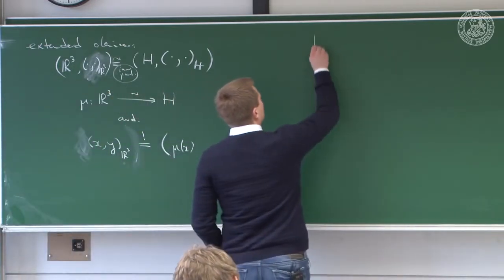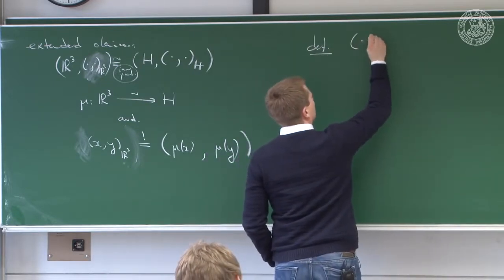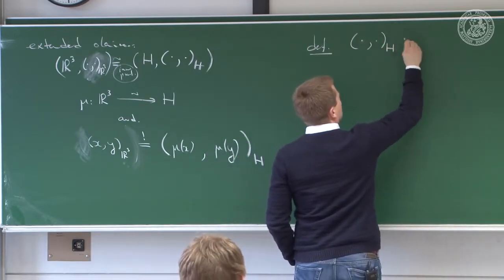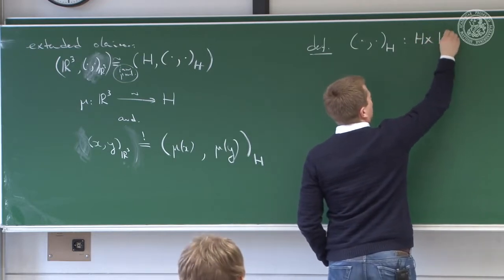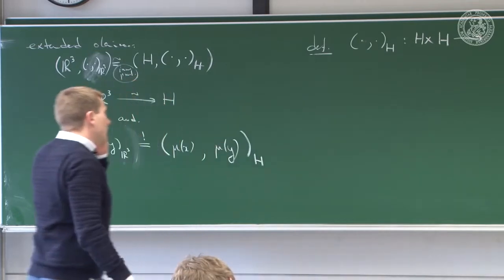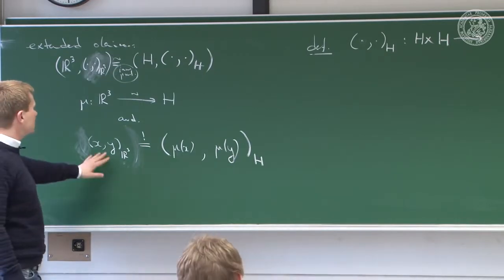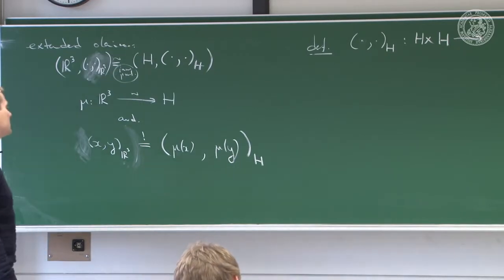So now let me define for you this inner product on H. So what does it do? It takes two elements of H and it produces a real number. So now let's be careful. It needs to be a real inner product, because otherwise, hang on a second.